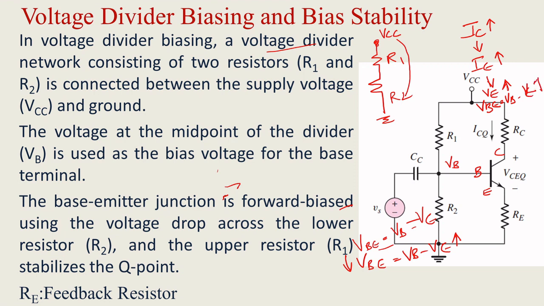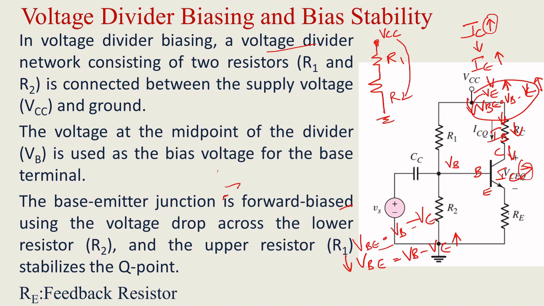So when VE is increasing, obviously VBE will decrease. When VBE decreases, what happens? Your IB will decrease. When IB decreases, your IC will decrease, and whatever the change is, it is compensated because of this RE network.